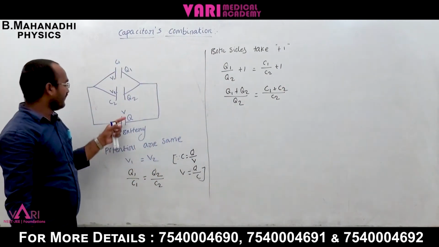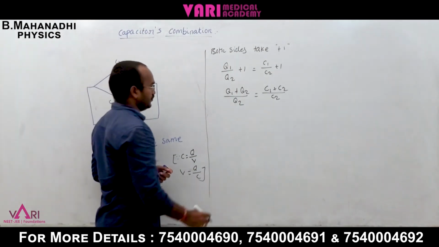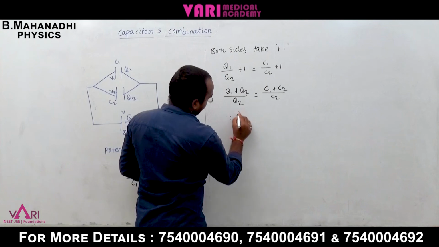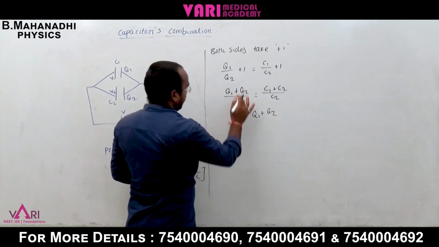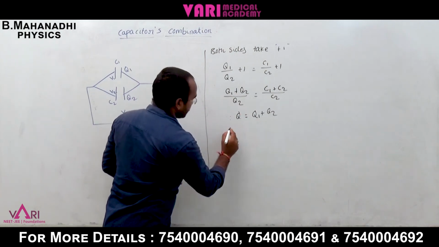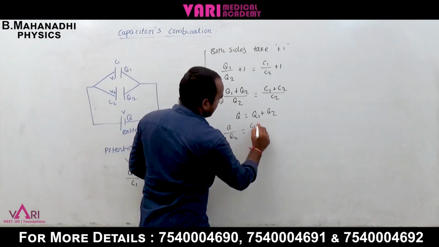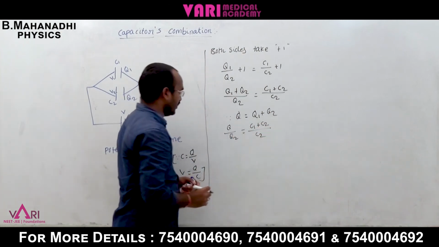Here the battery of the charge Q equal to Q1 plus Q2. Now substituting in the above equation, Q by Q2 is equal to C1 plus C2 by C2.